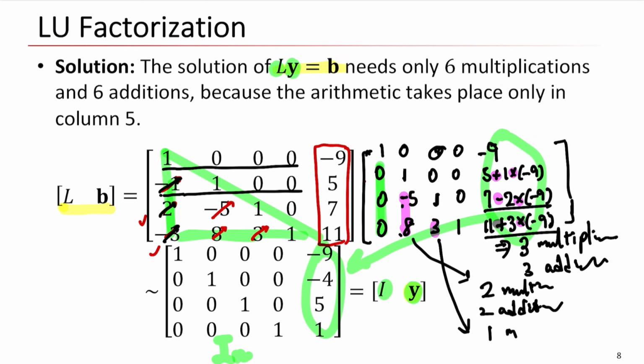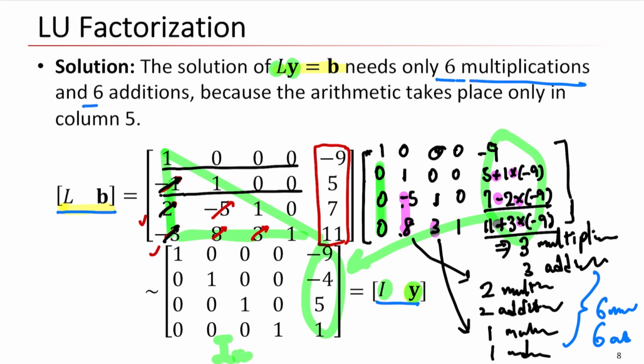We only have the 1 multiplication and 1 addition, right? So finally, to row reduce this original matrix LY, there are 1, 2, 3, 4, 6 multiplication and 6 addition. 6 multiplication and 6 addition, right?